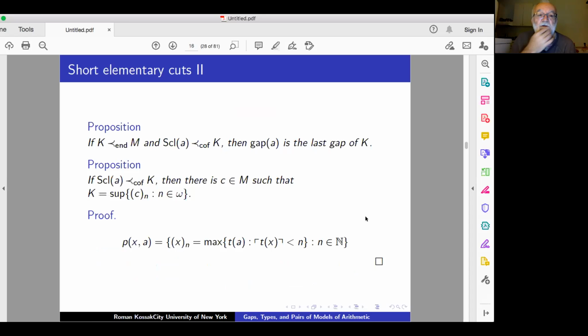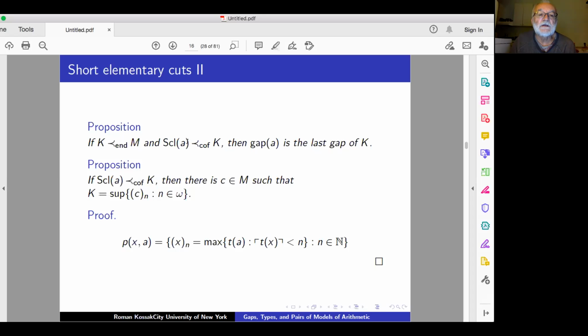So what happens there? Well, this is what I already said, that those short cuts are really elementary. This is the last gap.